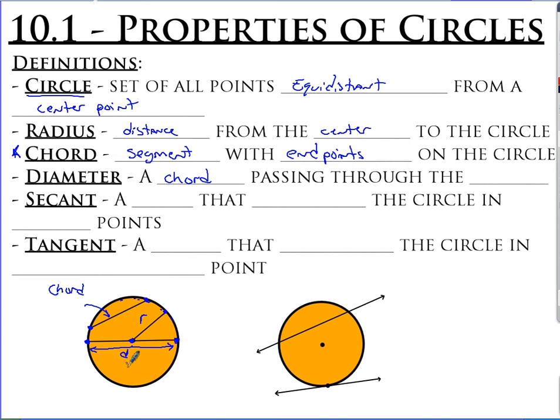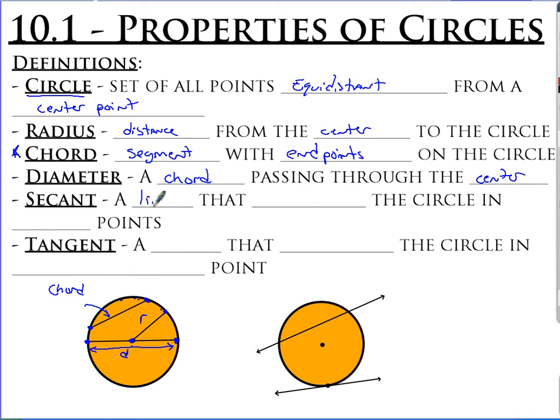We'll finish with a chord that passes through the center. Okay? A secant. That's a new one probably for most of us. What's a secant? So this is a chord, a radius, a diameter. We come over here. This one is going to be a secant. A secant is a line. Notice it's not a segment. It has arrows. It goes on forever in both directions.